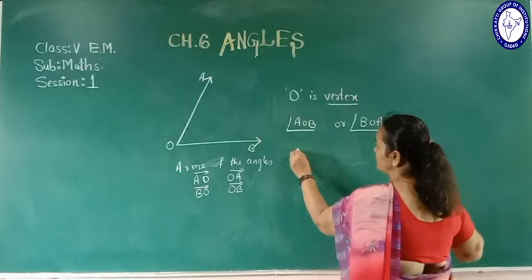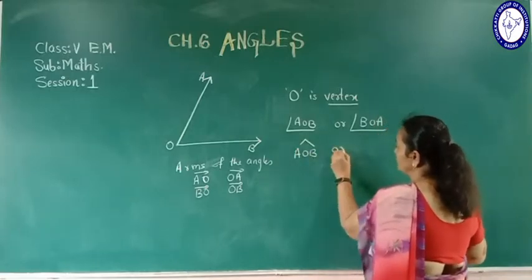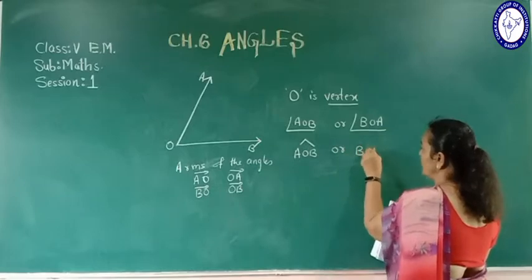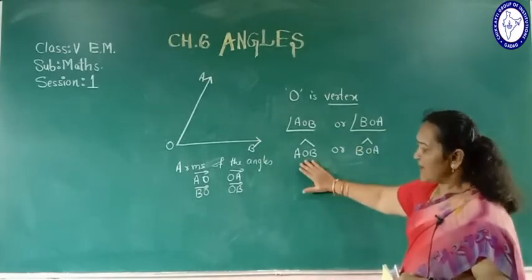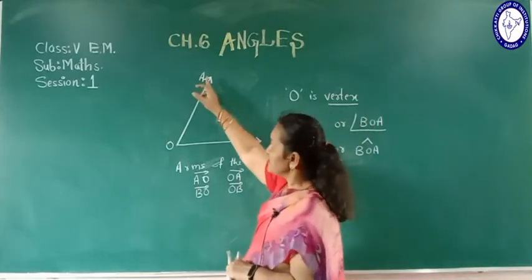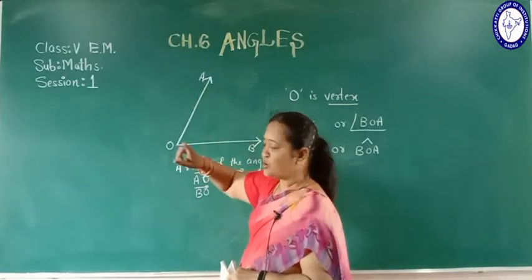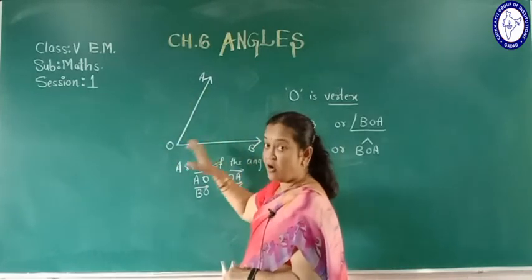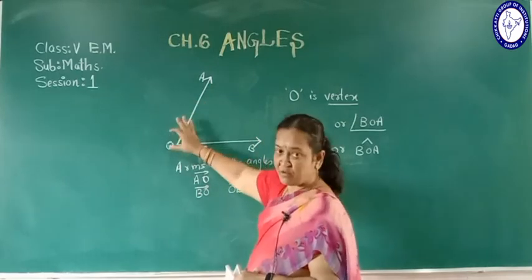You can write it also as AOB like this, or BOA. Understood? So angle AOB or angle BOA. You can start as AOB or BOA, but you should not write OAB or OBA. Got this? You should not start with O.